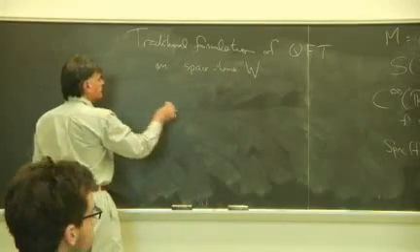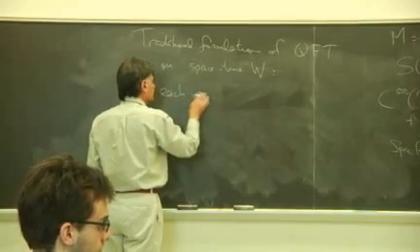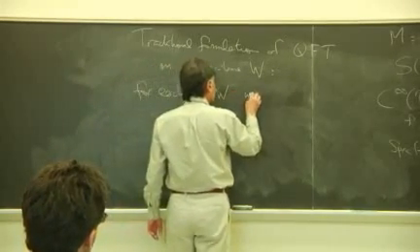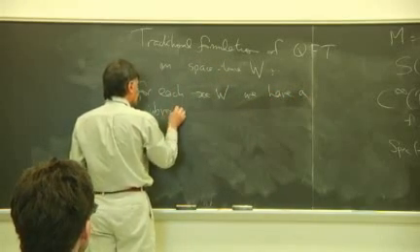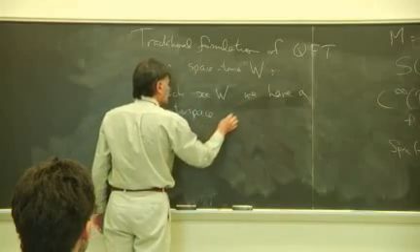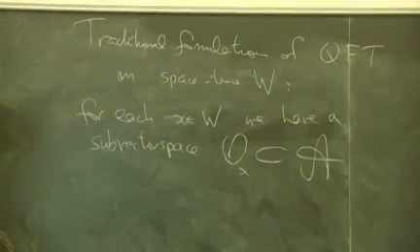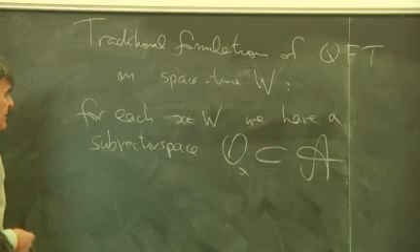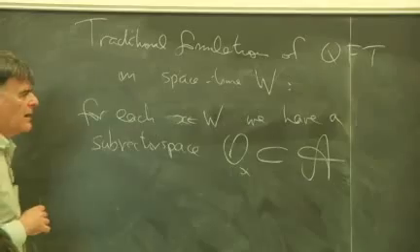Well, we say for each x in W, we have a subvector space, which I'll call OX, contained in the algebra which is meant to describe the universe. And this is not a subalgebra. So it's going to contain things like fx and phi x, but we aren't really going to be able to multiply things in it.